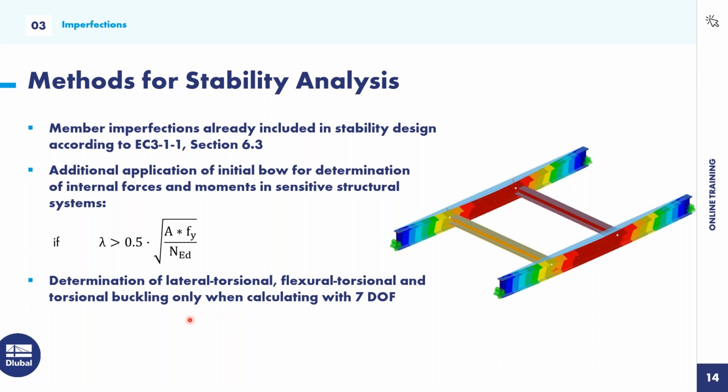So if I want to take this into account through the eigenvalue analysis using the Structural Stability add-on, then I have to calculate according to 7 degrees of freedom. And then I can refer to the results because then they are correct. So again, to summarize it, when I calculate the structural stability of a structure, then I have only 6 degrees of freedom, and the result is only valid for the flexural buckling.